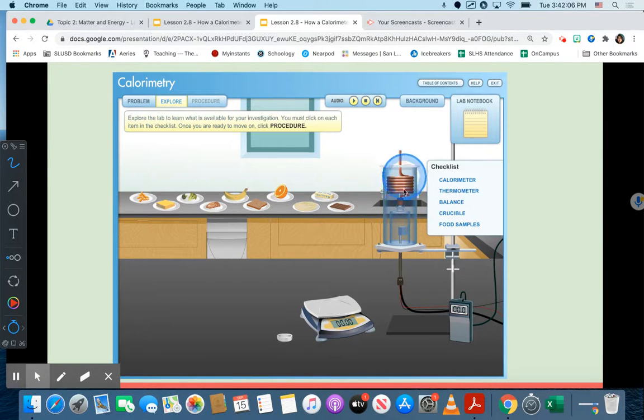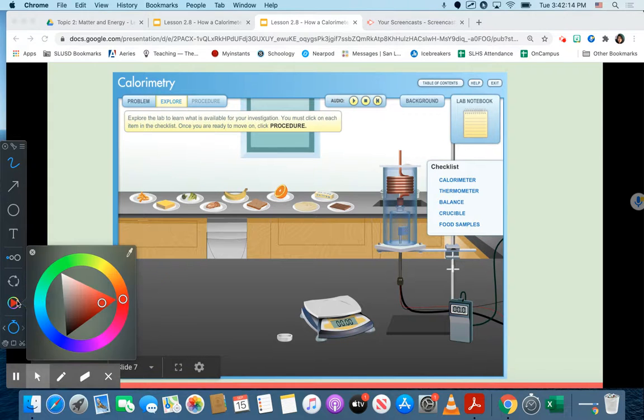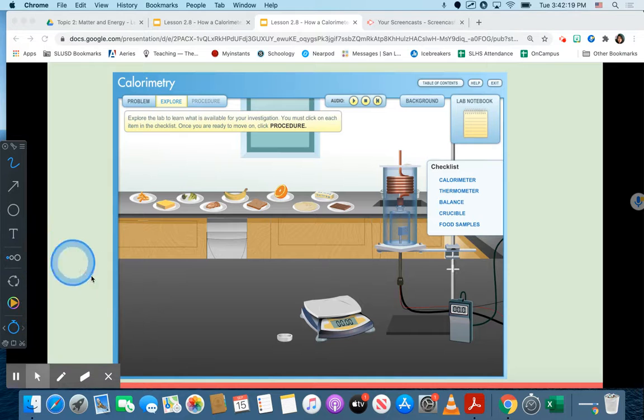Okay, so this device on the right-hand side is a calorimeter. So usually what you do is, let's say I have some butter in this dish and I want to figure out how many calories it is.